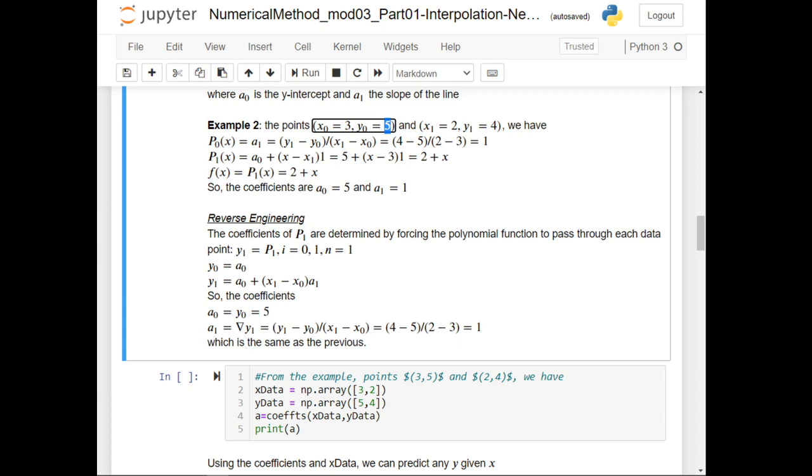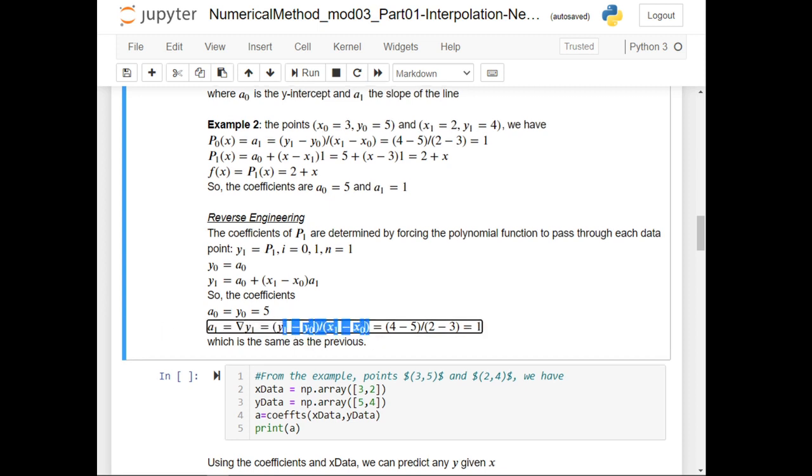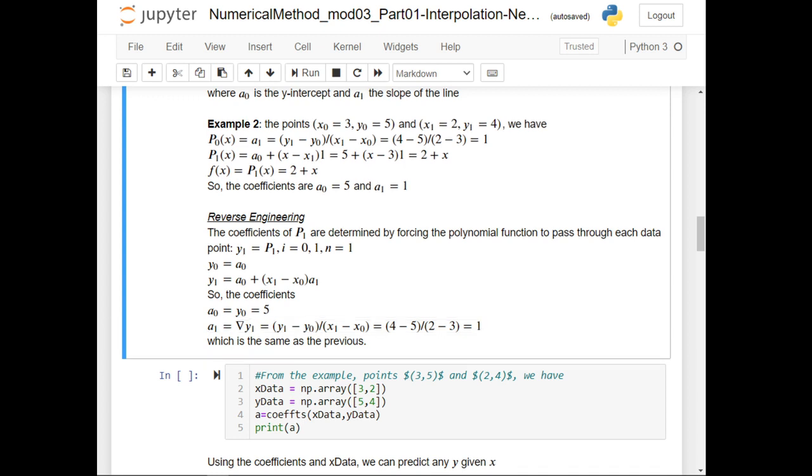And then for a1, delta y1 is, as I said, like the slope of the line. Given the values here and with the formula, you get this equals 1, which is the same as the previous one.